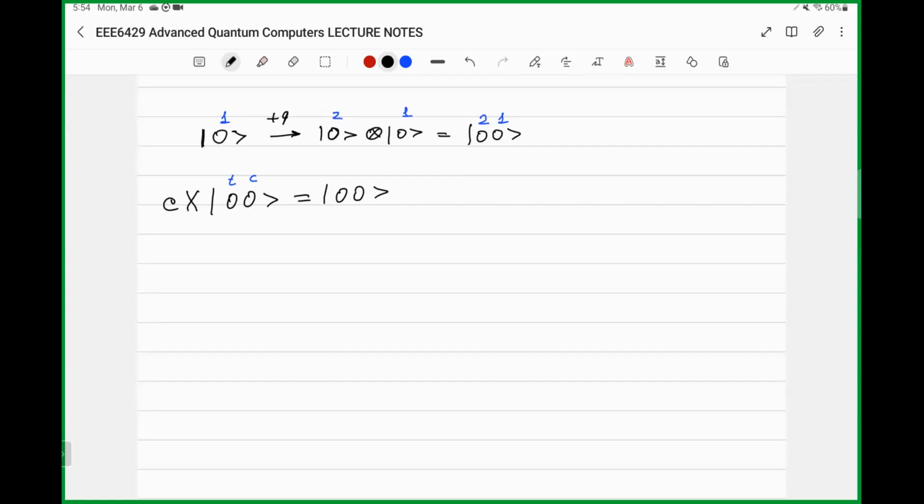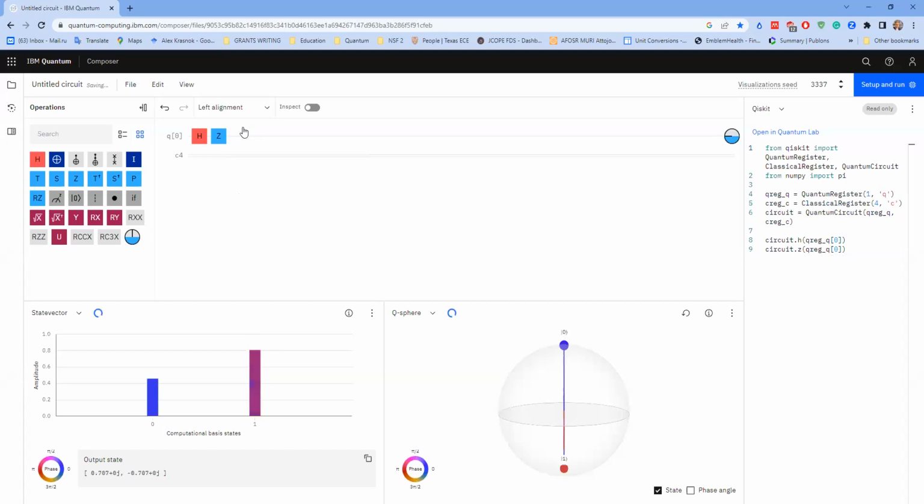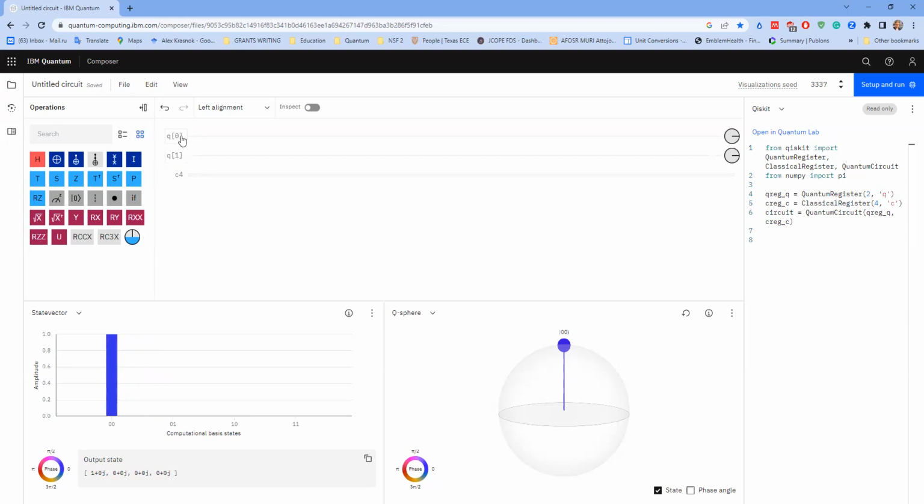Let's go to IBM Qiskit and realize this simple circuit. We have just one qubit and we need to add another one, so I click this qubit and click plus. This adds another qubit, qubit 0 and qubit 1. In my notation, it is qubit 1, qubit 2.